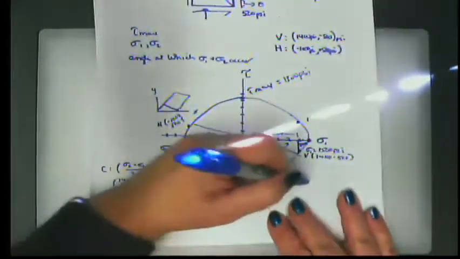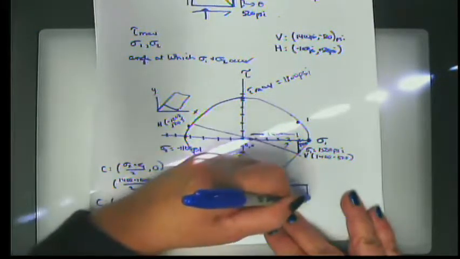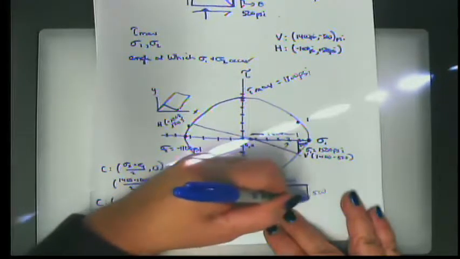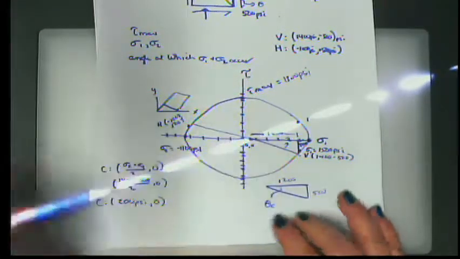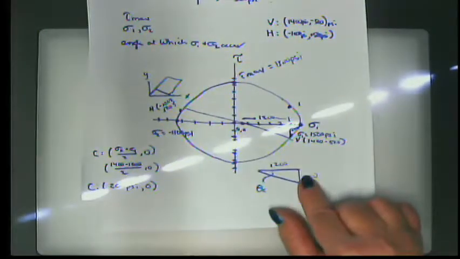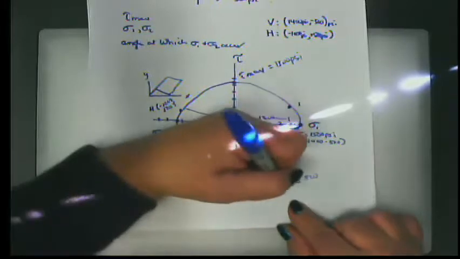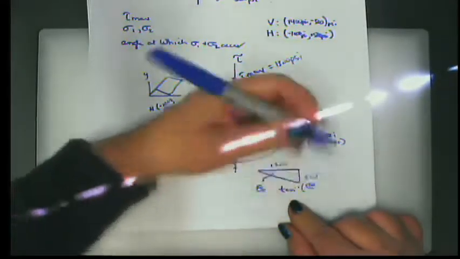So my triangle looks like this: 1200, 500, and this is my angle on the circle. So using trigonometry, I have the opposite, and I have the adjacent side, which is tangent. So this is the inverse tangent of 500 over 1200.